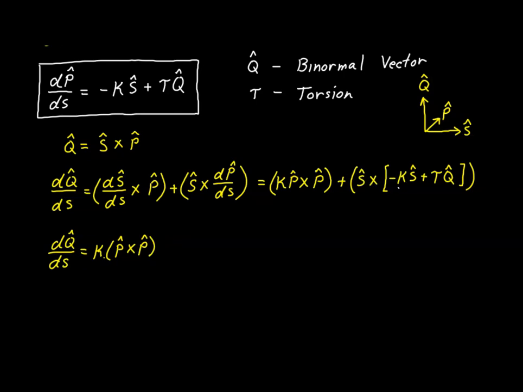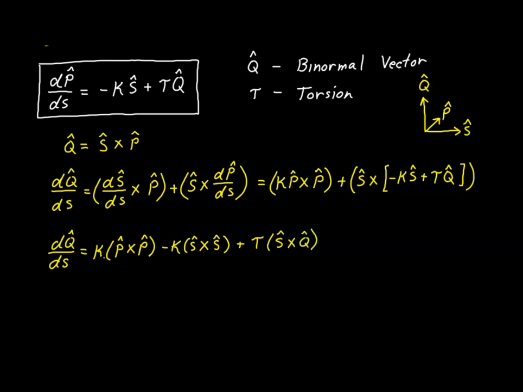So the first one will give us a negative kappa times s hat crossed with itself. And then when I distribute this to the second term, I'm going to get the factor of tau times s hat crossed with q hat, like this.